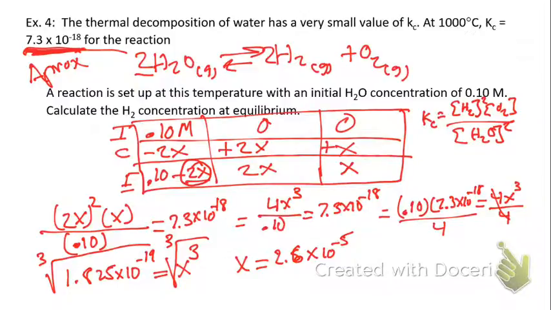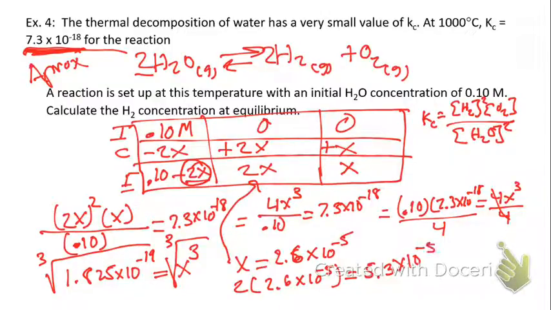So we can plug our x value into our equilibrium expression, and for hydrogen, which is what we're trying to find, we can take 2 times 2.6 times 10 to the minus 5, and this will equal our equilibrium concentration, which is 5.3 times 10 to the minus 5.